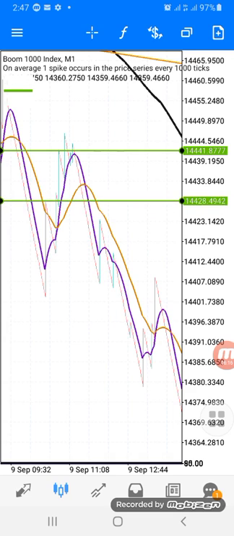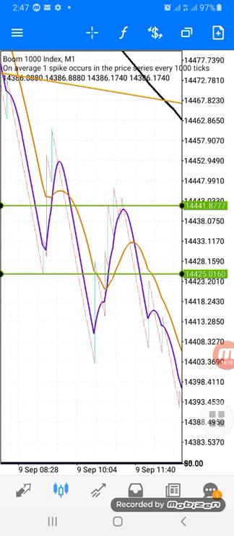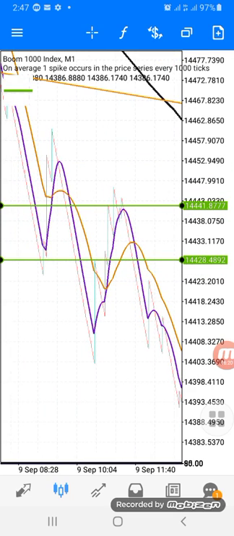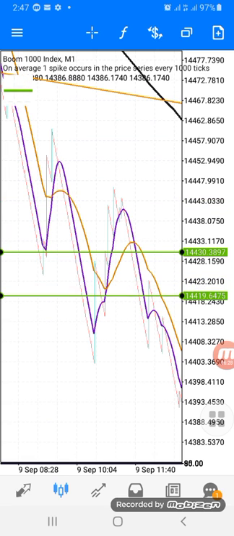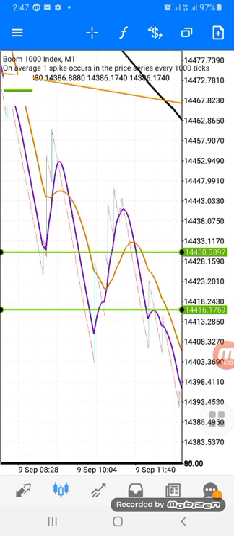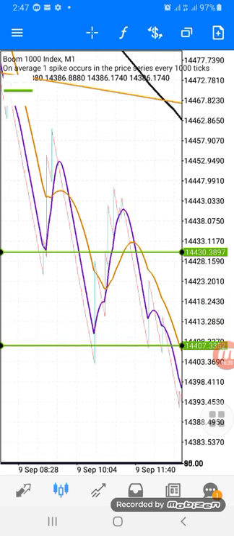You took your pips there, you took your candles, and it came down, spiking again. That cross happened here. So I said you take your TP at the next low. Here again, you take another TP at the next low, either from here or from here.